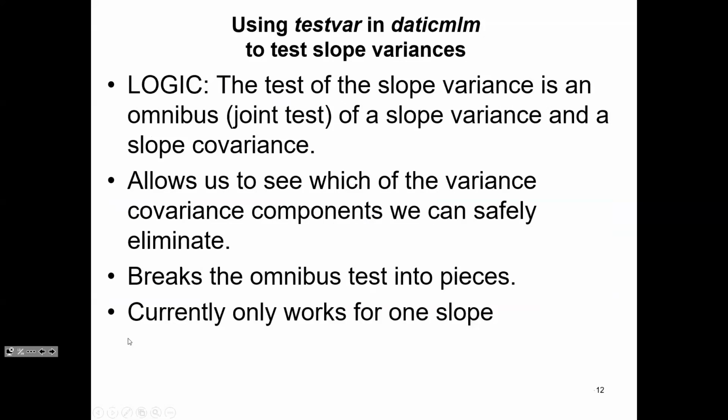So basically, what this test bar thing does is it just breaks the omnibus test into pieces. So you can actually look at, do you need the covariance or not? And then do you need the variance or not?